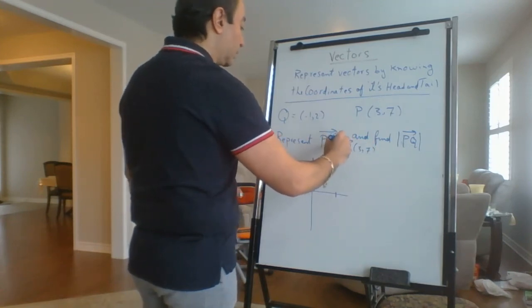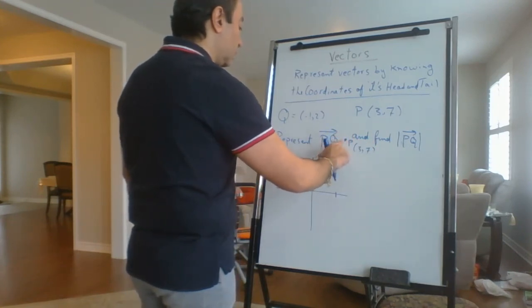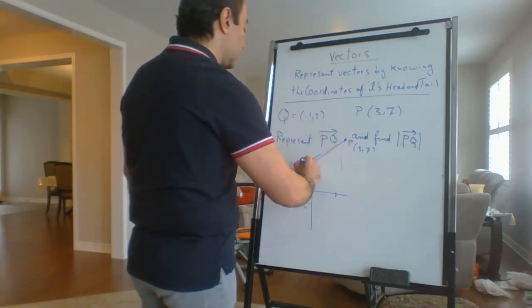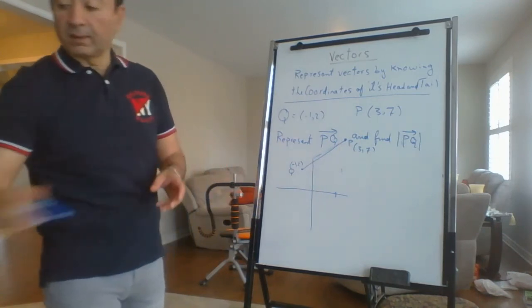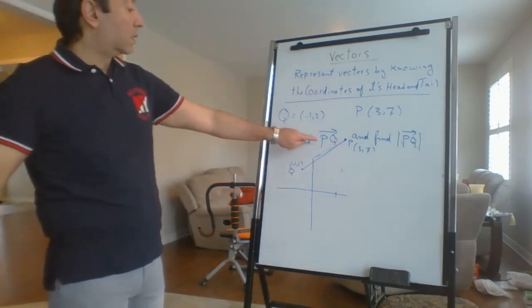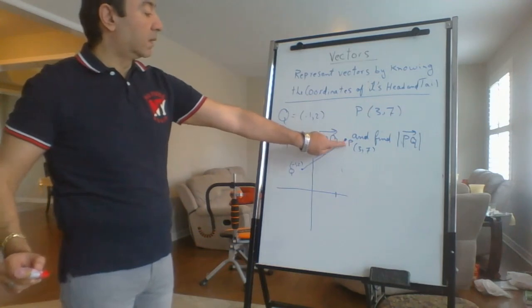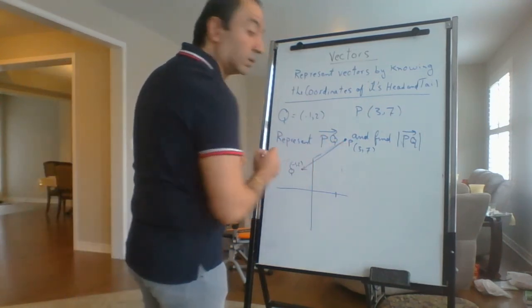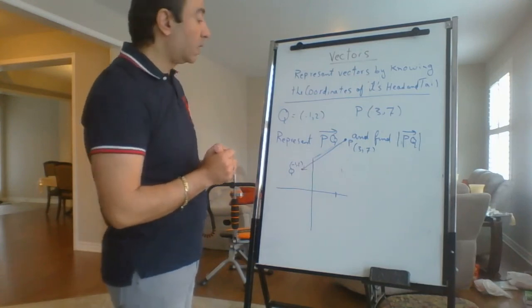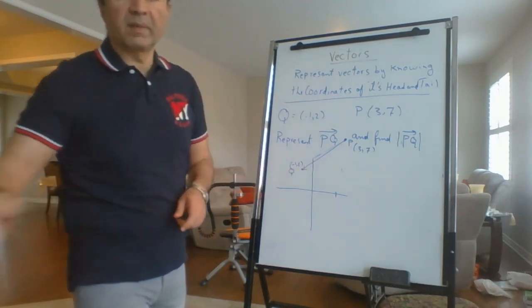Now I will connect the two points like that. Where is the head and where is the tail? P is the tail and Q is the head, so the arrow should go in here.